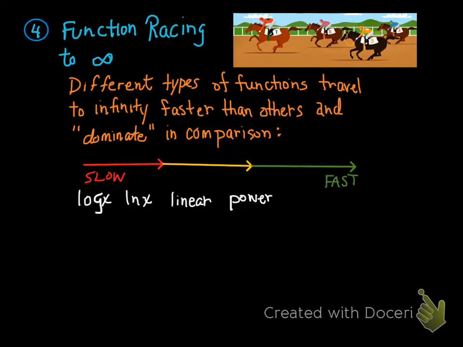X squared is a power function. x cubed is a power function. x to the 5th is a power function. Even x to the 82nd power is a power function. Yet there's still one function that will dominate the power function no matter how high that power is. It's kind of difficult to convince yourself of this, but an exponential function is the fastest growing function as x goes to infinity.